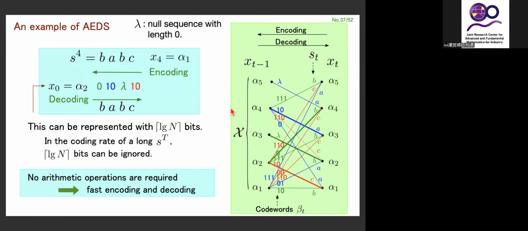To satisfy the unique decodability, writing must be so: the first symbol C is encoded to 10, and then the second, B, is encoded to lambda, and C, A is encoded to 10. In this way, the code word must be written in this way, always in the same direction. So thank you. I see.